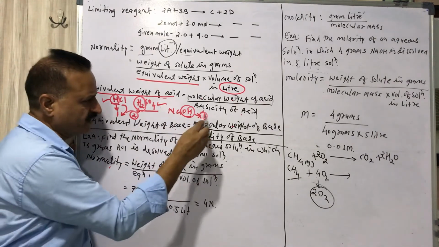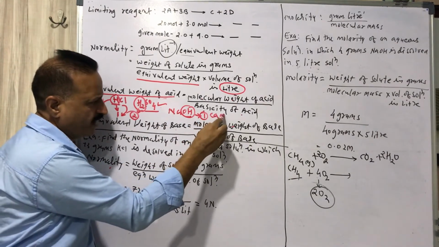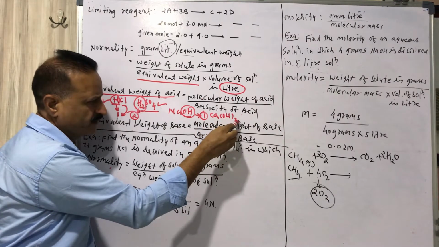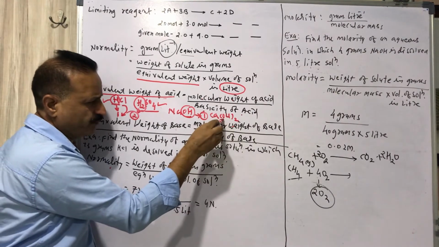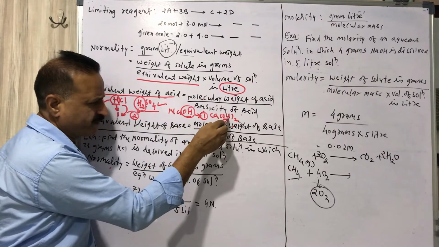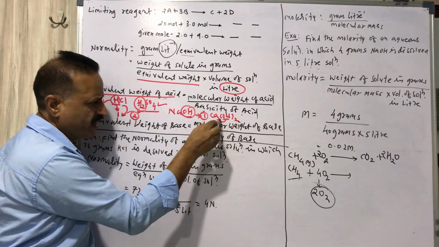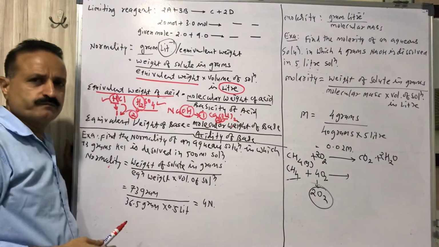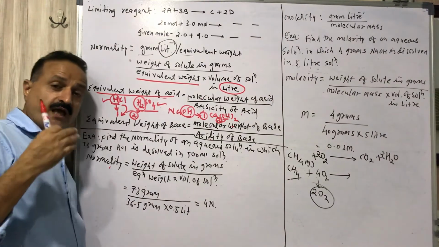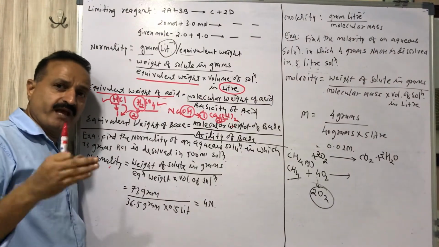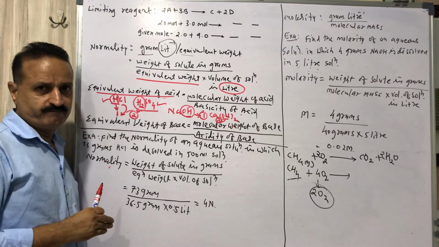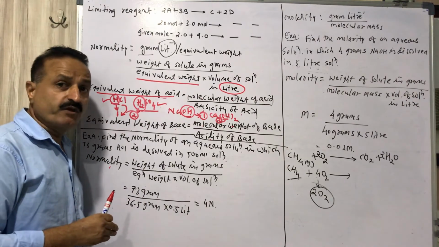Suppose we have the example Ca(OH)2. This is a base. There are 2 OH present, so the acidity of the base is 2. Acid has basicity and base has acidity, to calculate equivalent weight.